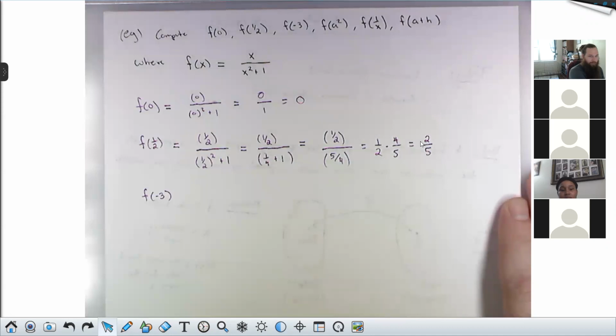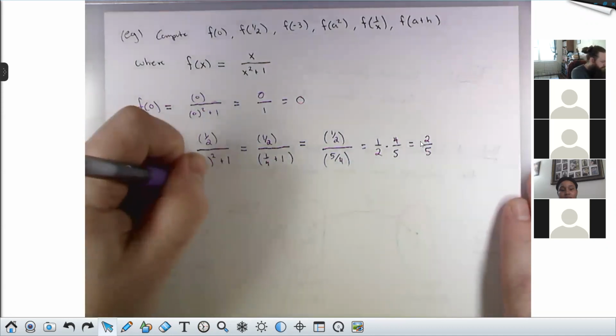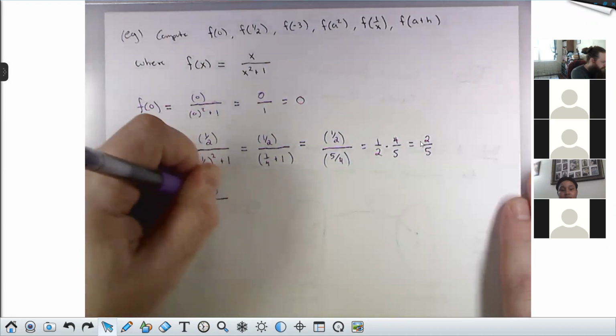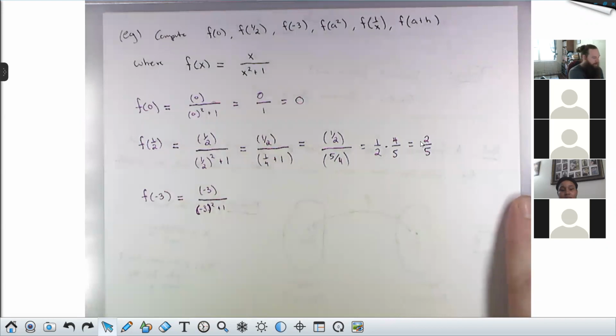F of -3. Here's another place where those parentheses are going to be really important. So this is -3 divided by parentheses -3 squared plus 1. So this time it's the parentheses downstairs here that's super important. A quick note.